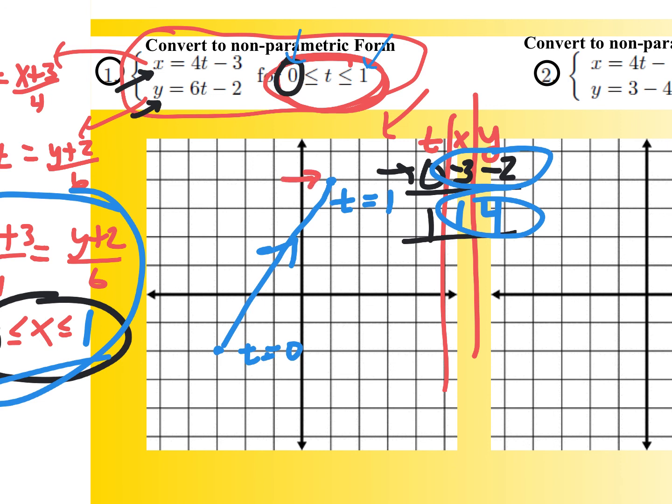Because that would imply it keeps going in that direction. So you put the arrow in the middle. Different system of numbers. Can't expect it all to be exactly the same. Parametrics are a little different. They have a start and a stop. They have direction. They have 3 things for each point instead of 2. And I hope you feel a little smarter than you were when you walked in.